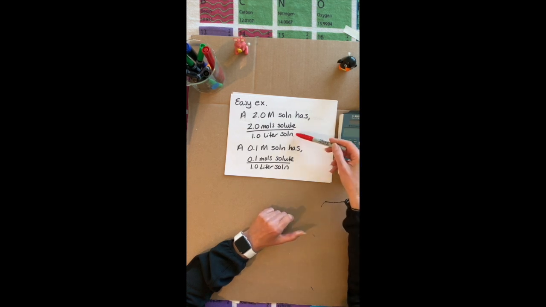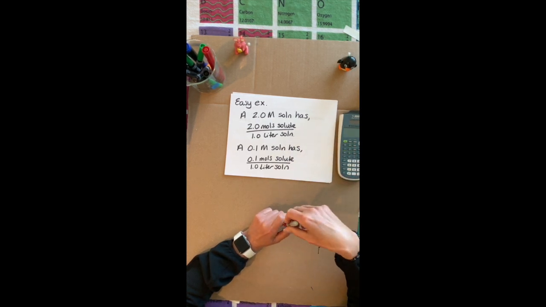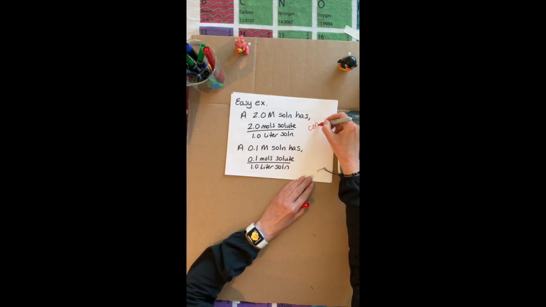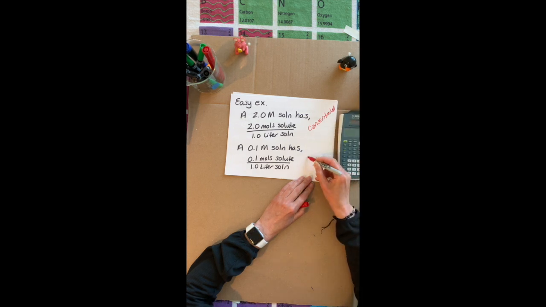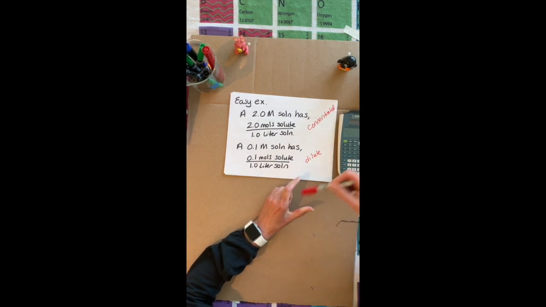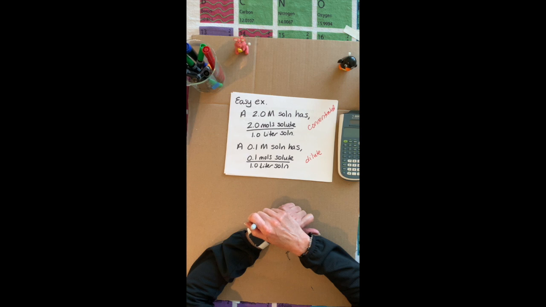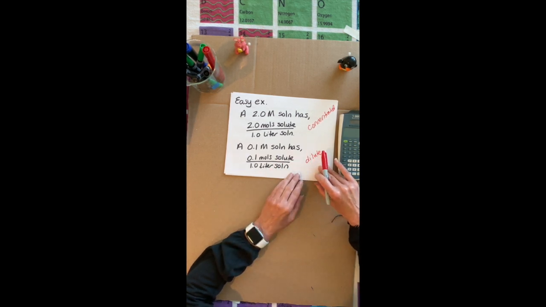It's really important to quantify molarity because that allows us to be more accurate as opposed to saying things like this is a concentrated solution versus a dilute solution. These are qualitative descriptions. We want to quantify, and in order to quantify concentration, molarity is the way to go.